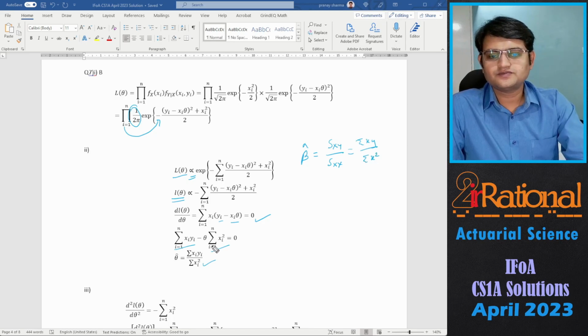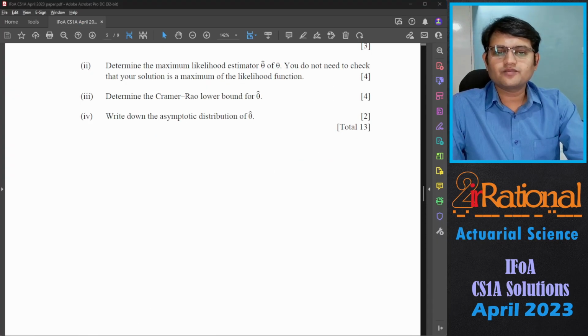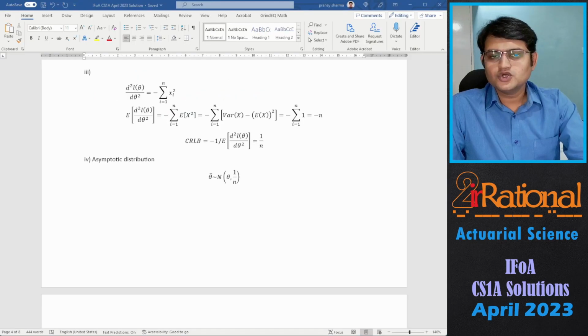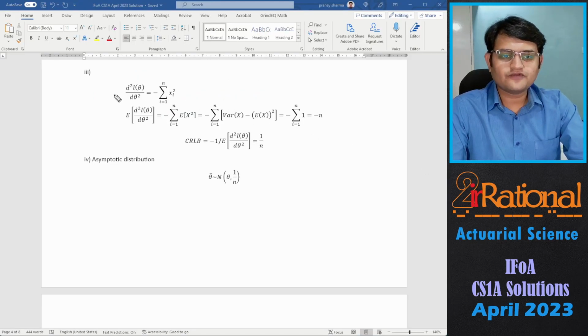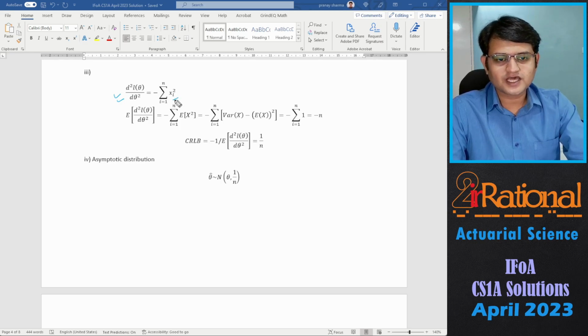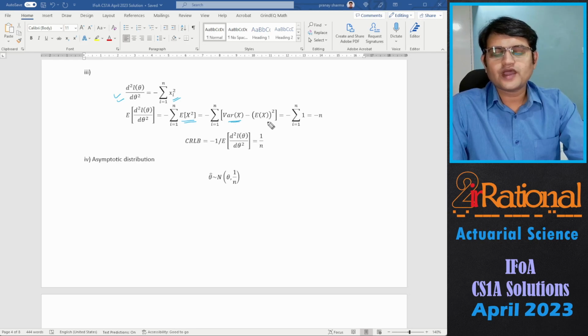Third part, determine the Cramer-Rao lower bound for theta hat, and fourth part is write down the asymptotic distribution of theta hat. So for Cramer-Rao lower bound, we'll have to double differentiate. We are left with just minus of summation xi square. We'll take expected value. Expected value of x square is going to be variance of x plus expected value of x square.